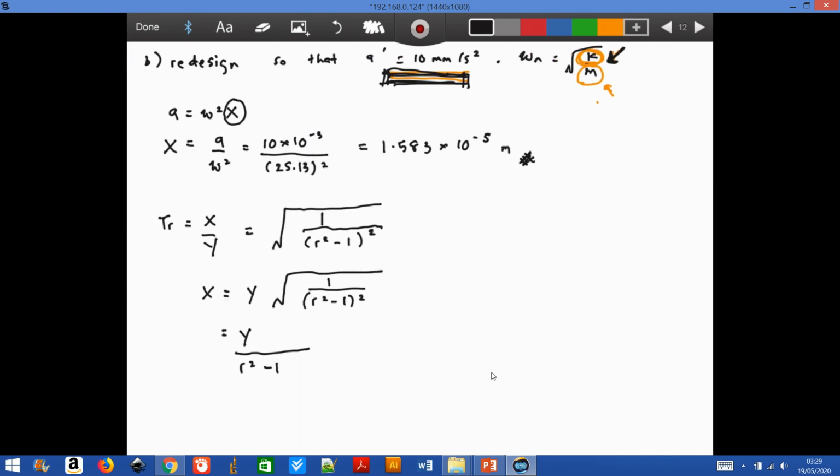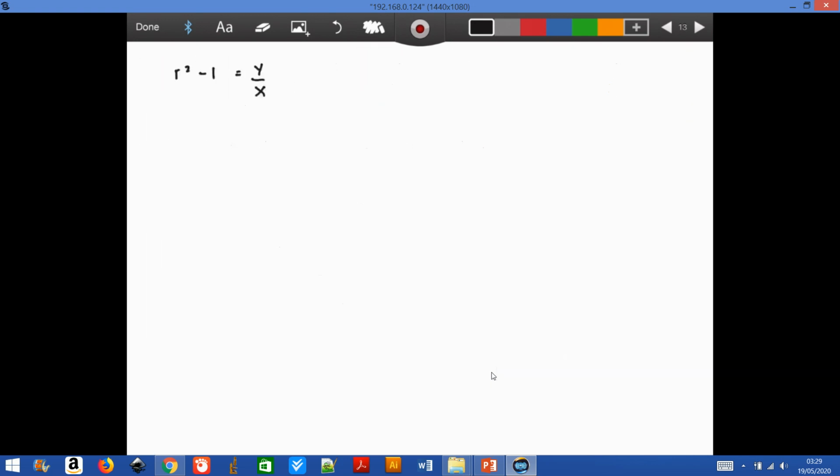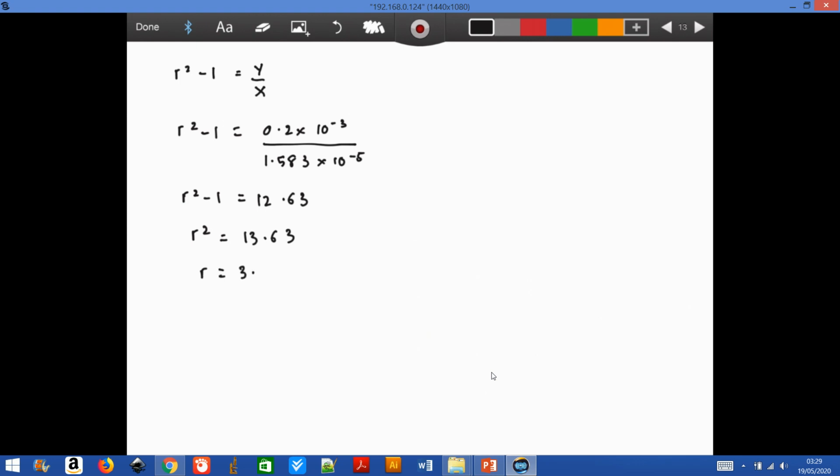So r squared minus 1 is y over x. R squared minus 1 is 0.2 times, so r squared minus 1 is 12.63. R squared is 13.63 and R is 3.692.